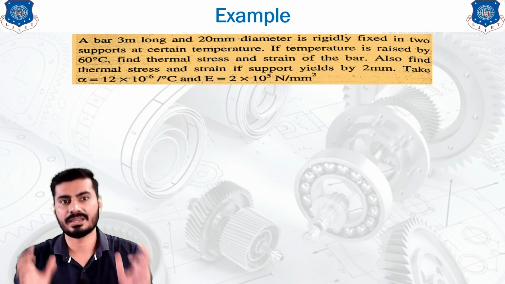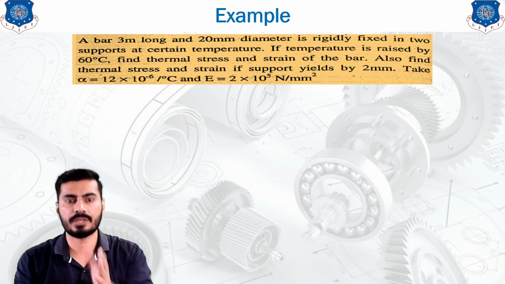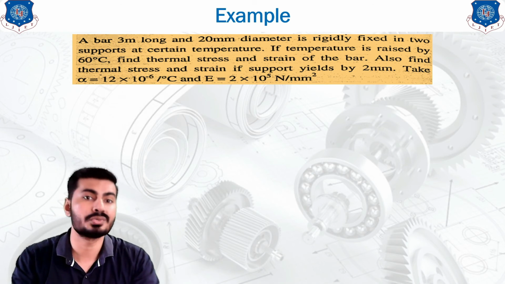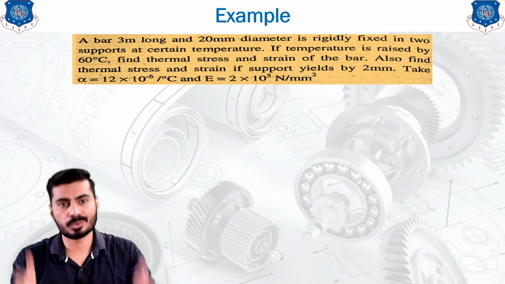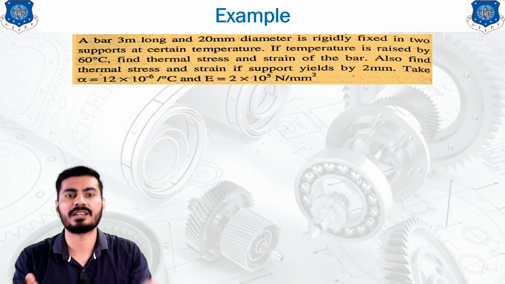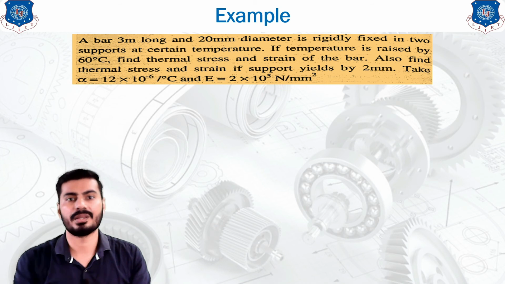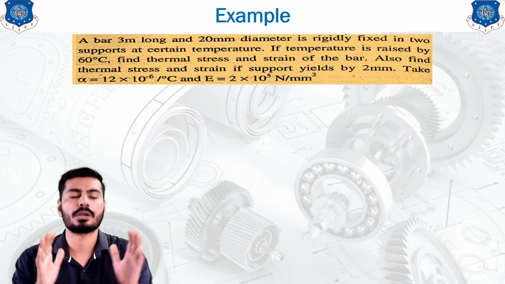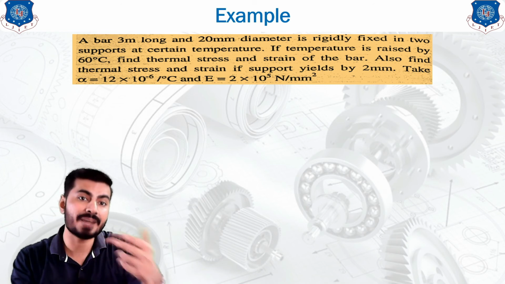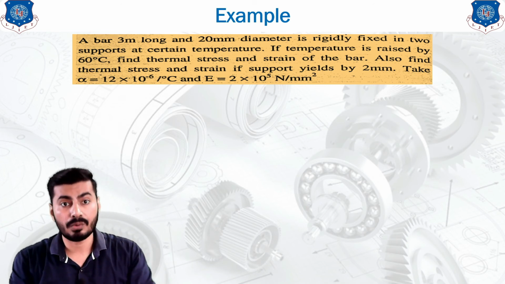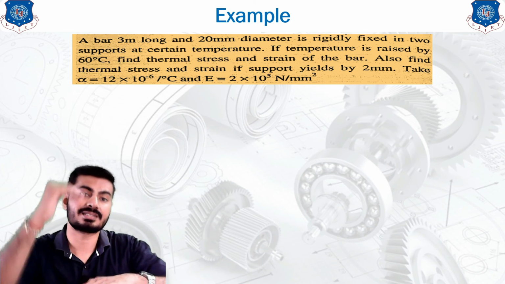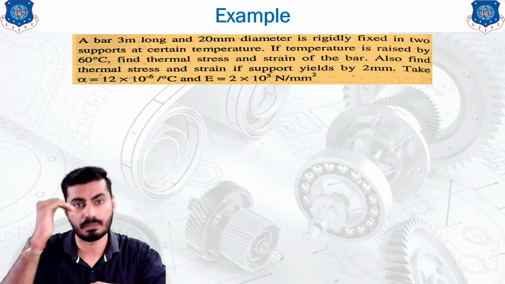Okay, you have to imagine that particular thing whenever you are reading the data: the bar is rigidly fixed in 2 supports. So there are 2 supports and the ends of the bar are fixed within those supports at a certain temperature. Let's say any temperature or room temperature. Okay, if the temperature is raised by 60 degrees centigrade, now from that certain temperature you are increasing the temperature by 60 degrees more.